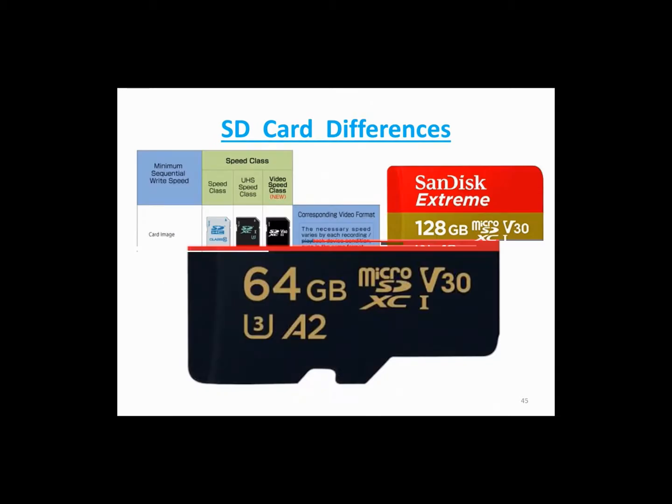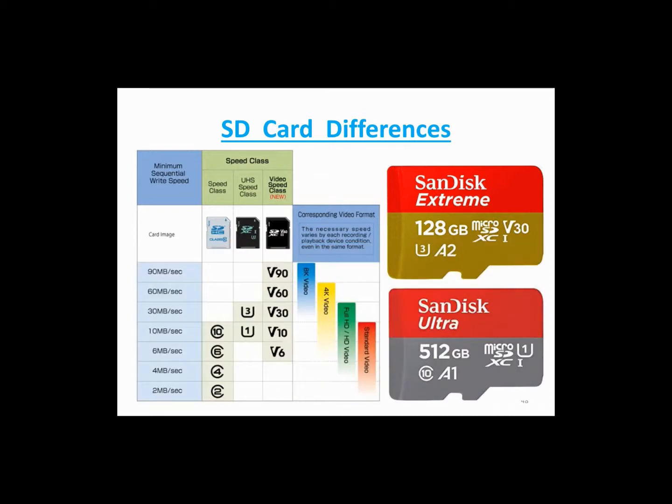If we look at this other chart, on the left-hand side, on the bottom there, you'll see the same symbols, C2, C4, C6, C10. And it tells you about the read-write speed, 2 megabits, 4 megabits, 6 megabits, 10 megabits. If you go across to the right, you'll see U1, and then above that U3.